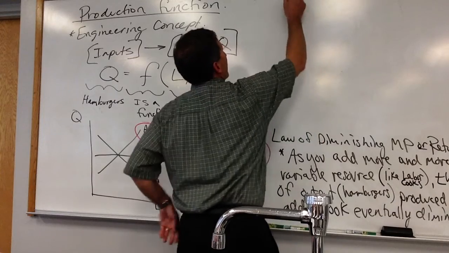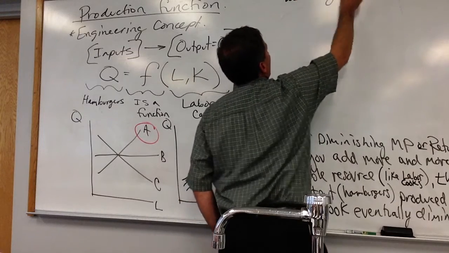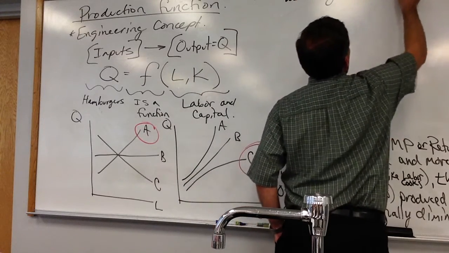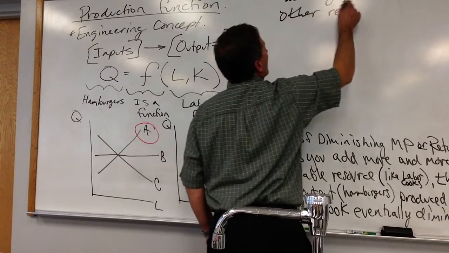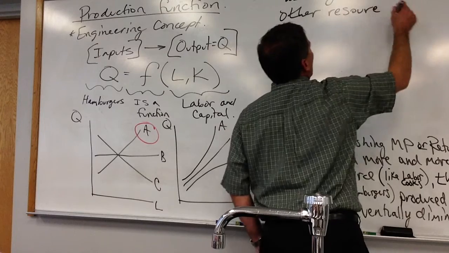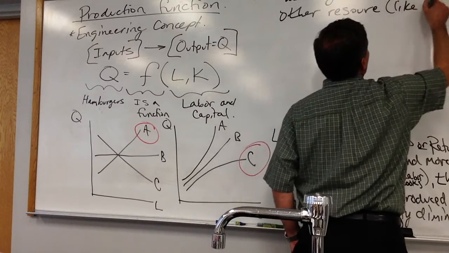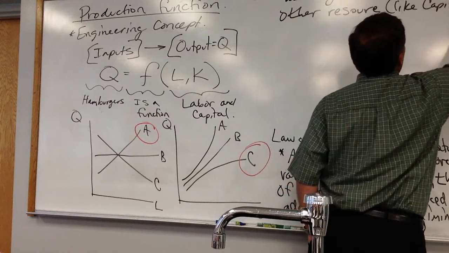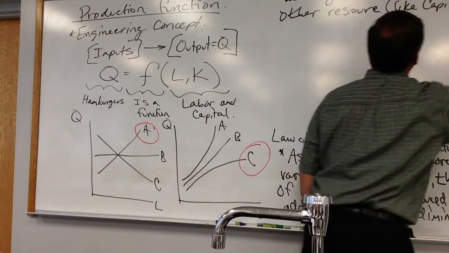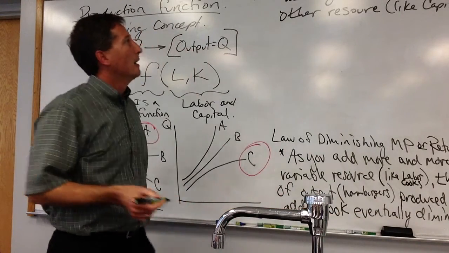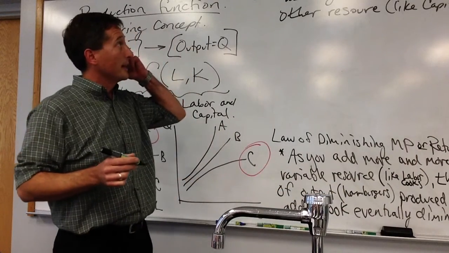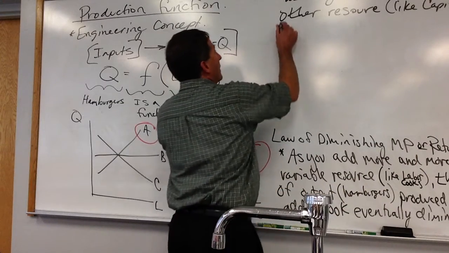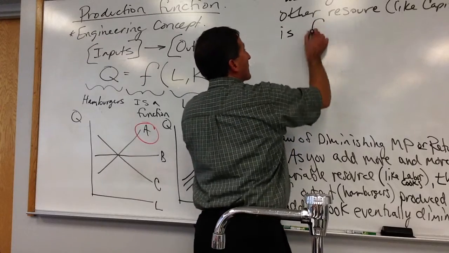So I'm still adding on to that, as long as at least one other resource, like the Capitol Grill, which I think is the name of a real restaurant, like the grill top, as long as at least one other resource is fixed.